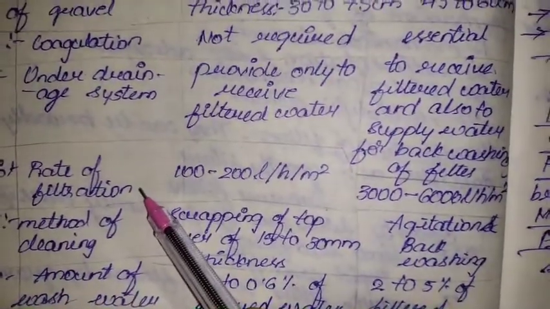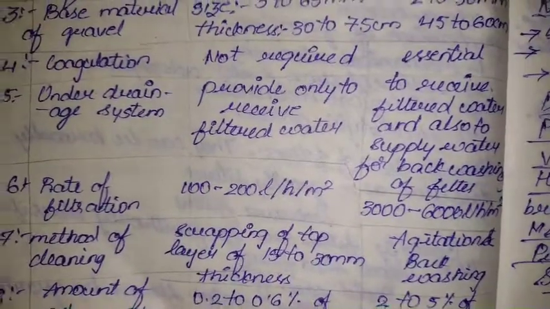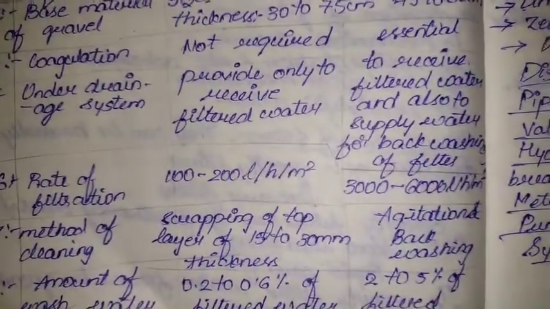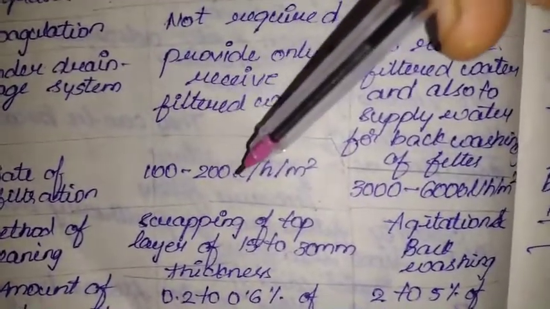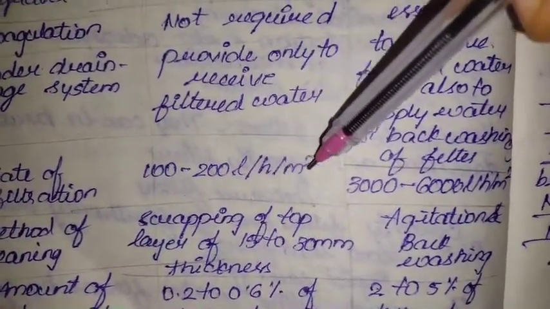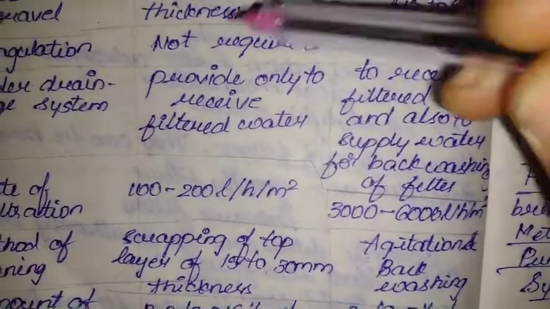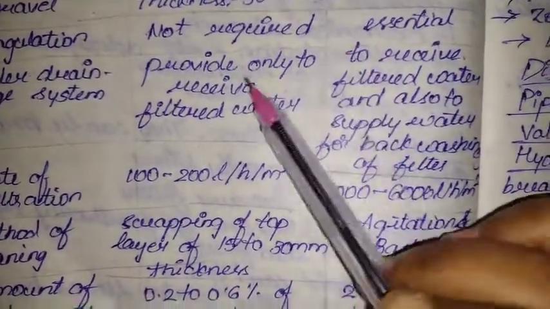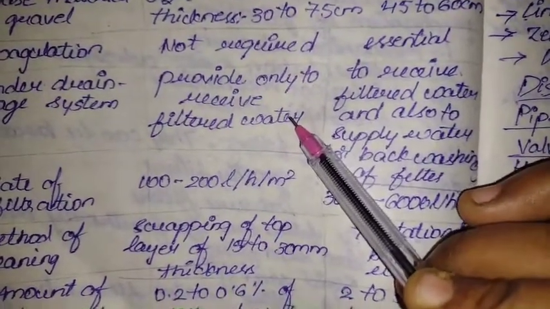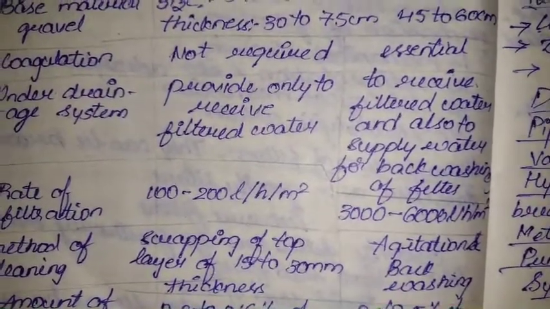Rate of filtration, that is the rate at which the water is flowing through the filter, the rate at which the water is filtering. It is 100 to 200 liters per hour per meter square. When we take 1 meter square area, how many liters of water pass per hour?